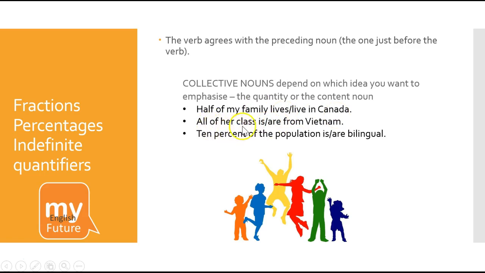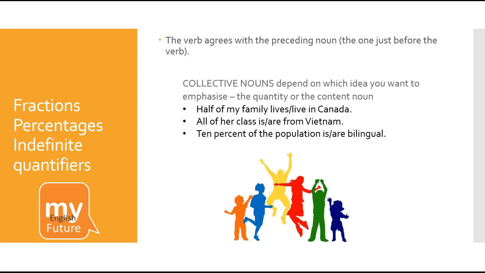All of her class is from Vietnam, all of her class are from Vietnam. It just depends on which idea you want to focus on. If you want to focus on my one family, you can use lives. If you want to focus on a lot of people that represent half, you will use live. But both are correct according to English grammar.